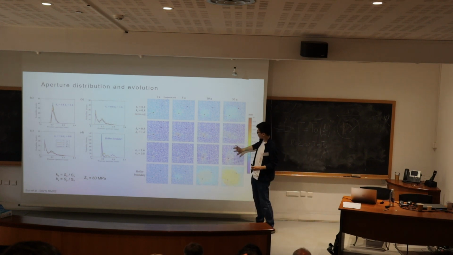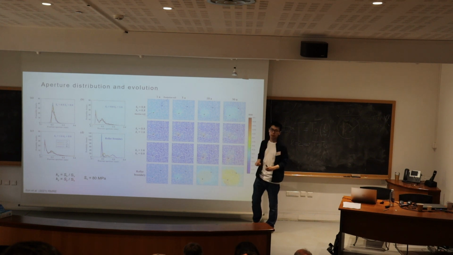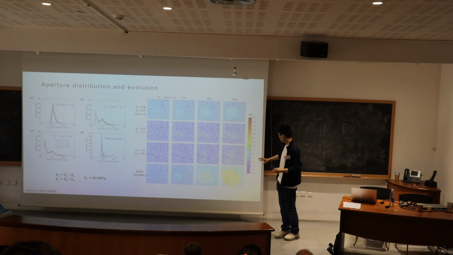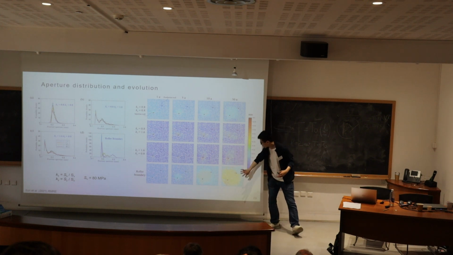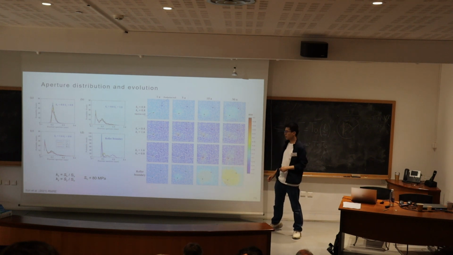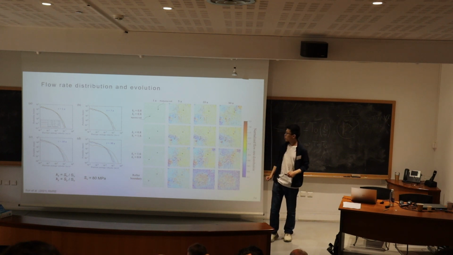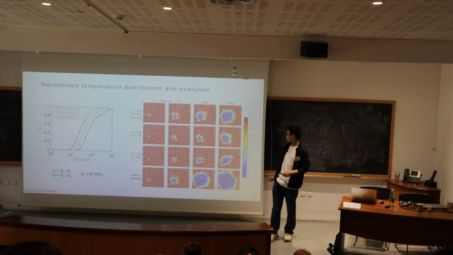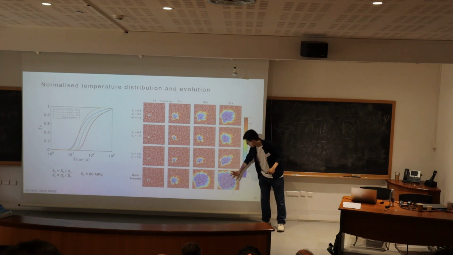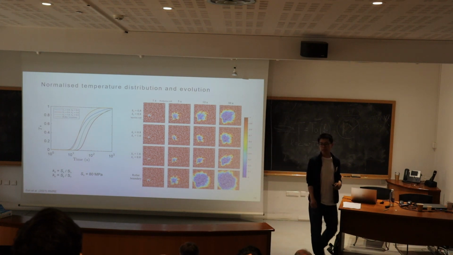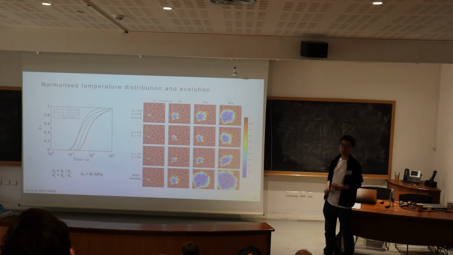But there is compression present, and shear present. If we ignore this effect, we will overestimate the aperture distribution, we will overestimate the flow rate, and we will also underestimate the heat extraction capability or capacity of the reservoir.